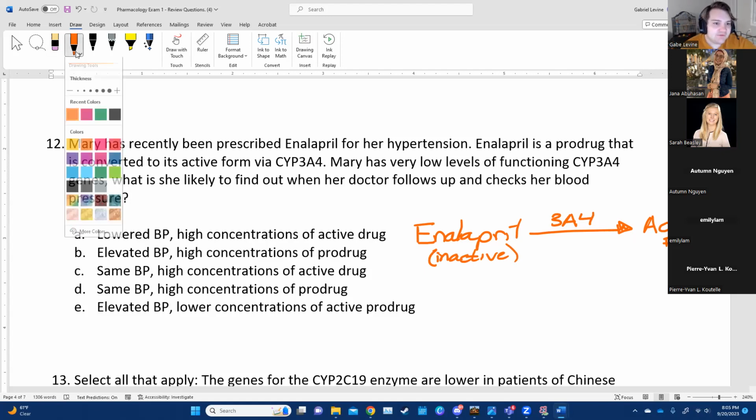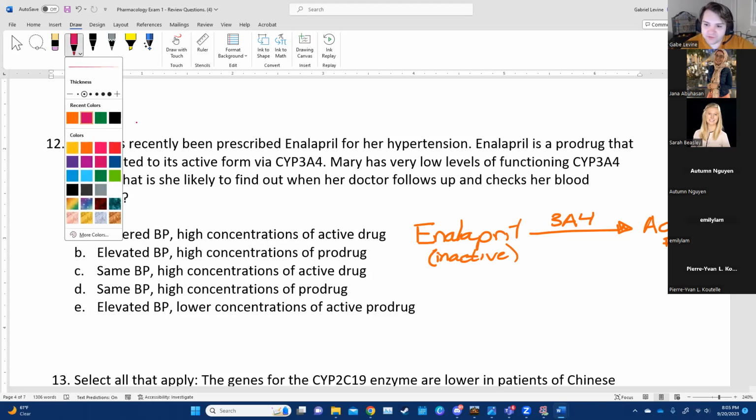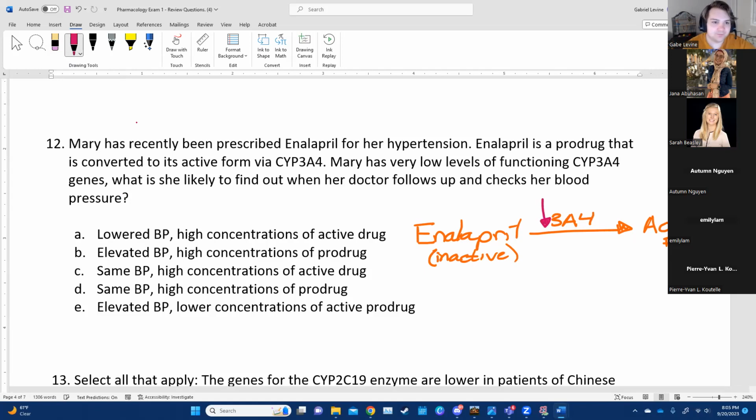So if she has very, very low levels of 3A4, that means that not a lot of the drug is ending up in its active form. And so most of it is staying as the prodrug. So looking at the second part, would she have high concentrations of active drug?